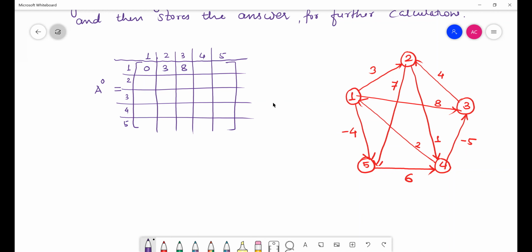Can I reach from 1 to 4? No. Should I write it 0? Yes.